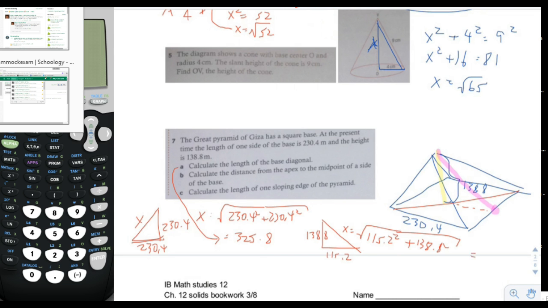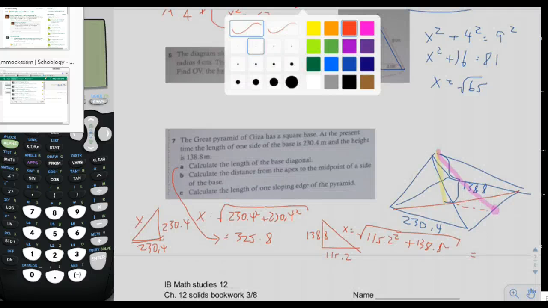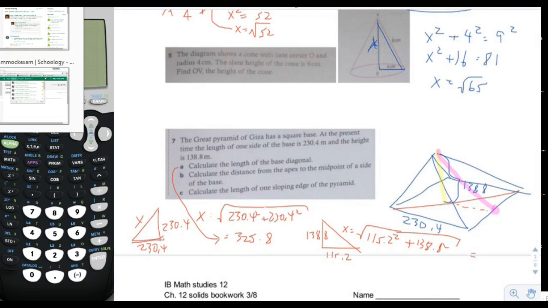And then it says, calculate the length of one sloping edge of the pyramid. Okay, so now they want to know what this line here is. And we could just draw that out flat again. First I'm going to solve that here. So 115.2 squared is 13,271.